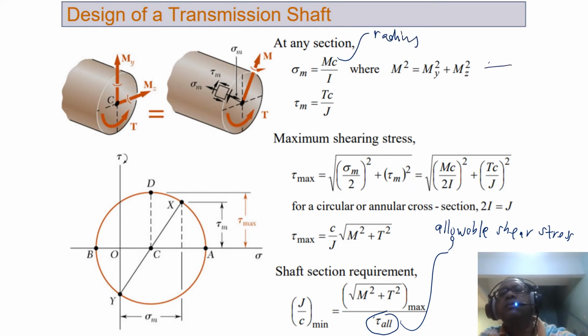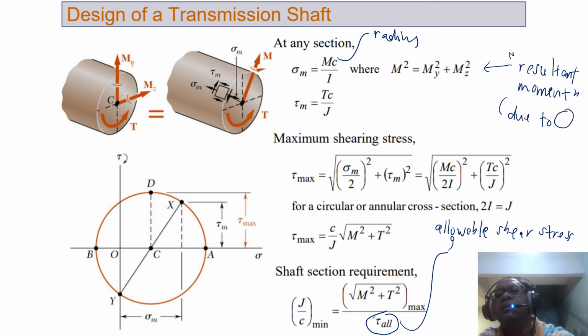So this is called the resulting moment. Resultant moment, if we can call it that way, easier for us to remember, due to the circular shaft.